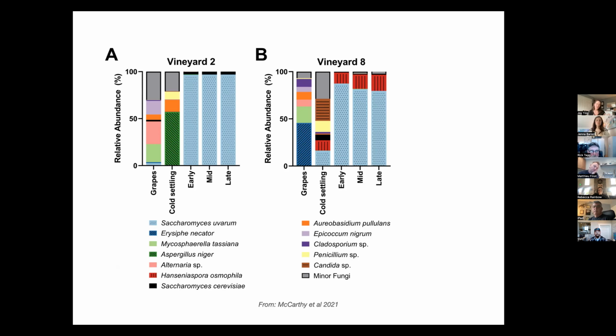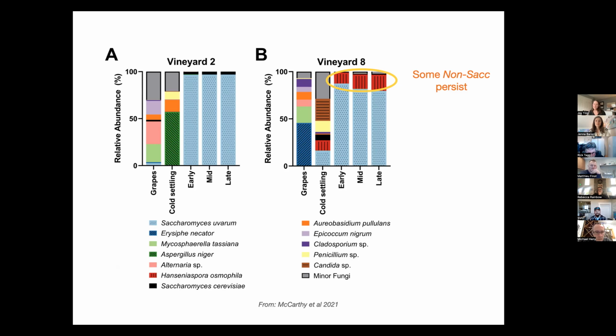But as we've looked at more and more of these molecular techniques, a couple of things have come out. First of all, even throughout all of fermentation, not all of our non-Saccharomyces yeast go away. For example, Hanseniaspora can maintain in that population at low amounts and potentially have some impact on our fermentations.